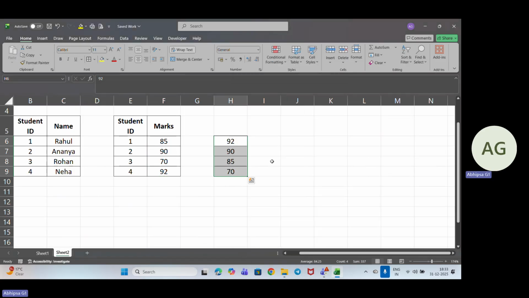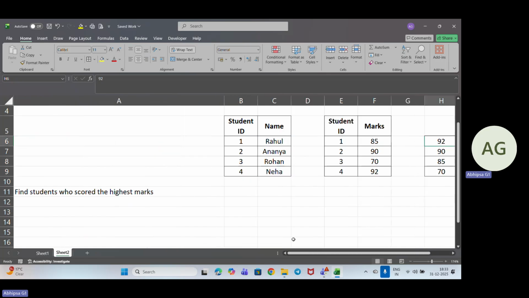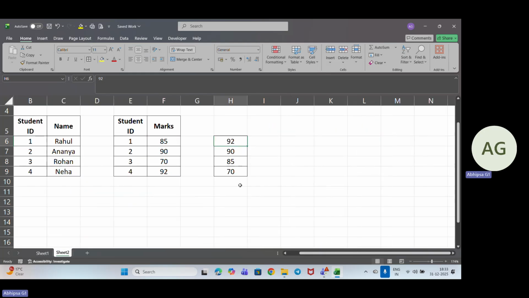My marks are coming up like 92, 90, 85, 70. So 92 is the highest marks that I am getting, right? So this is my first step, finding that the highest marks is 92.